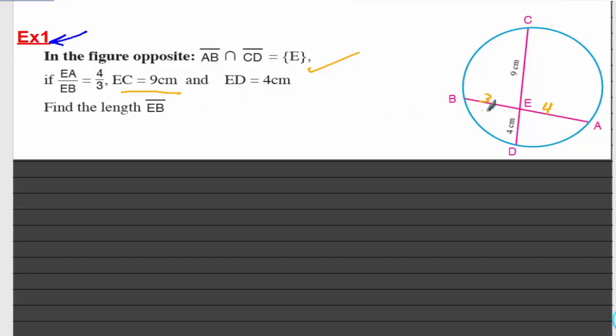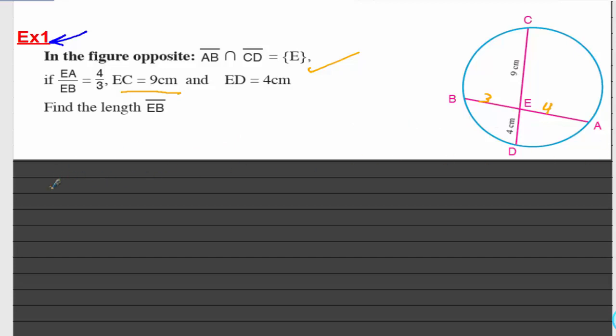Okay, of course, here 3 to 4 is the ratio between BE and EA. It doesn't mean that BE equals 3 centimeters. Also, EA does not equal 4 centimeters.